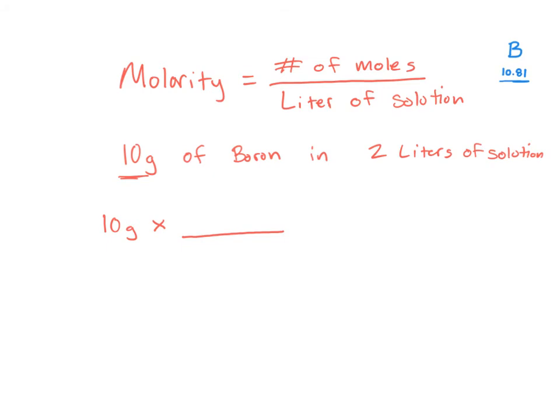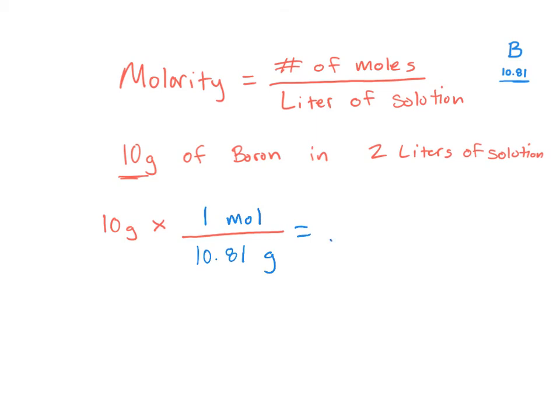And so if we want to determine how many moles are in this solution, we need to convert that into moles. So we know 10.81 grams is in 1 mole. And so we just need to divide then 10 by 10.81.